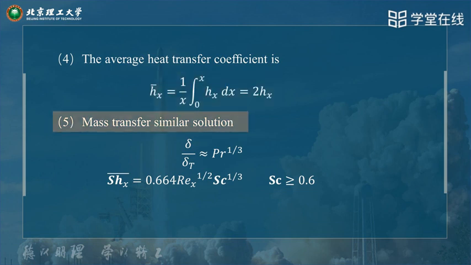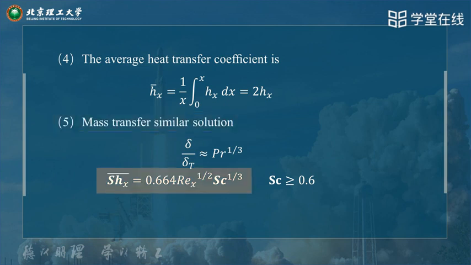The fifth, the mass transfer similarity solution. In the next chapter, we will discuss mass transfer. From that chapter, we easily understand that mass transfer is similar to heat transfer, so we can do a similar discussion.